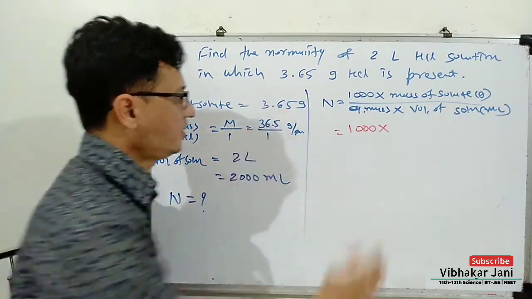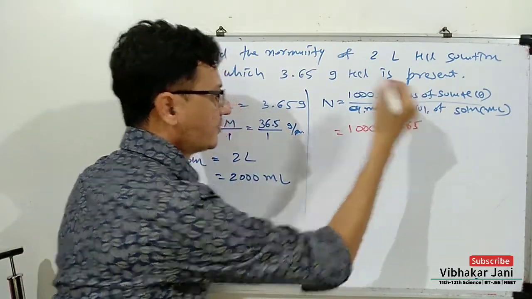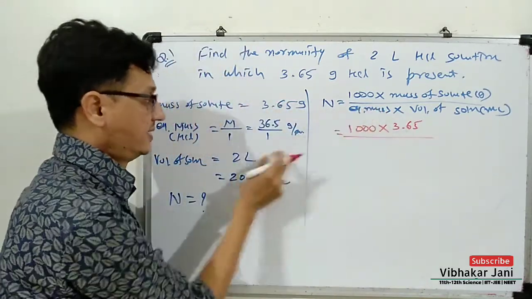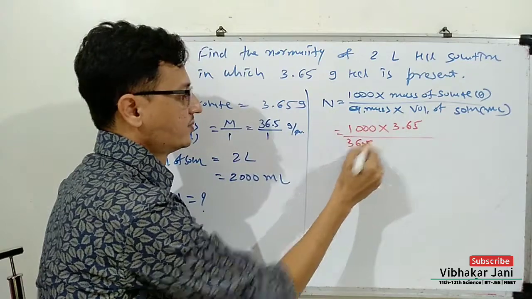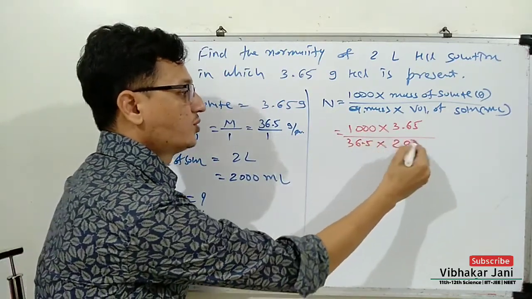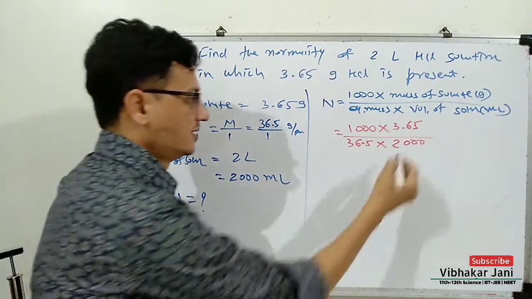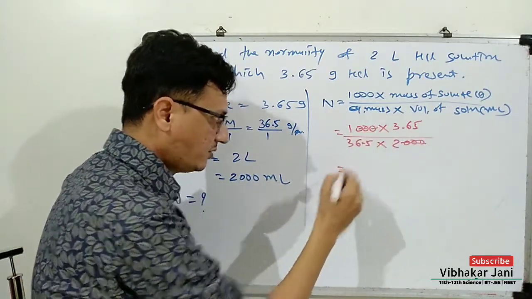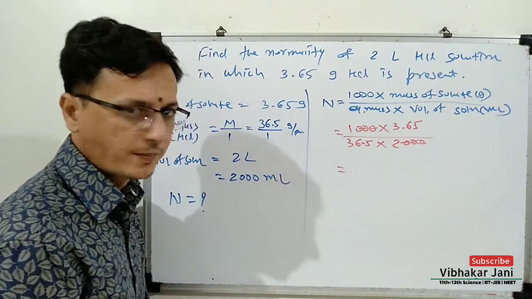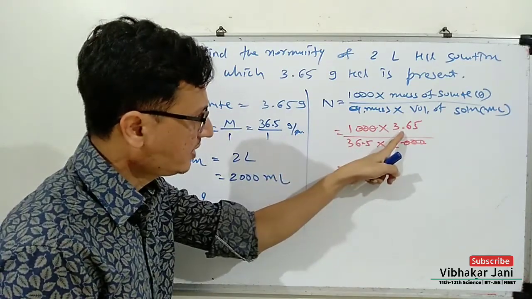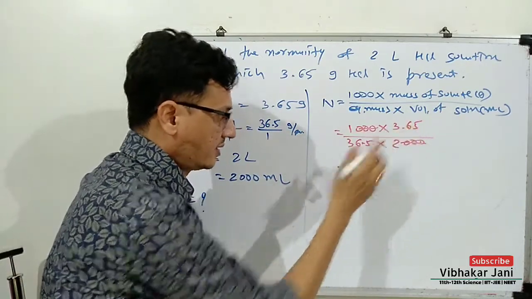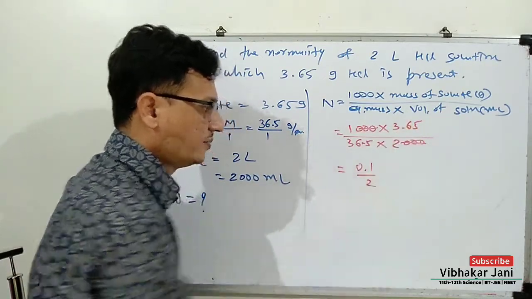So mass of solute is 3.65 and equivalent mass is 36.5 multiplied by volume of solution, that is 2000. So these zeros will be cancelled. Now if you look carefully, this is 3.65, this is 36.5. So this is a 10th part of this. So it will give us here 0.1 divided by 2.